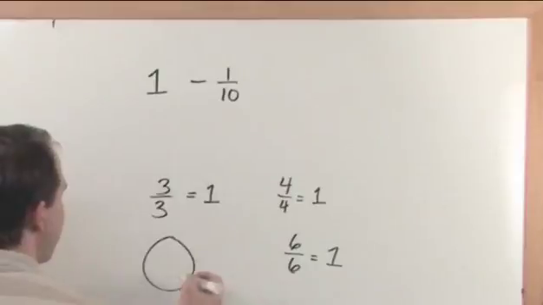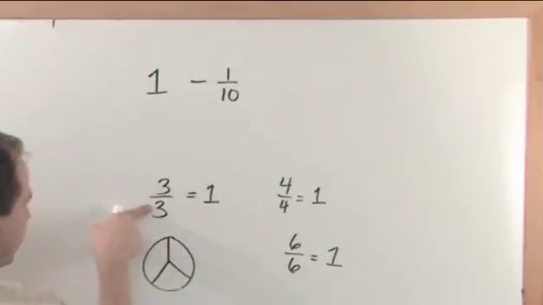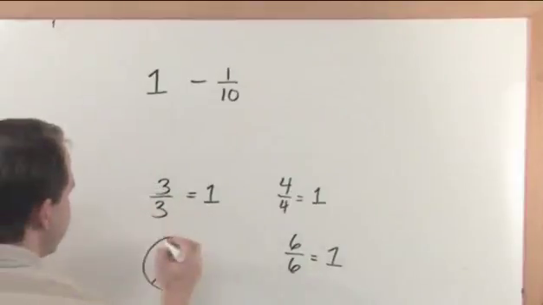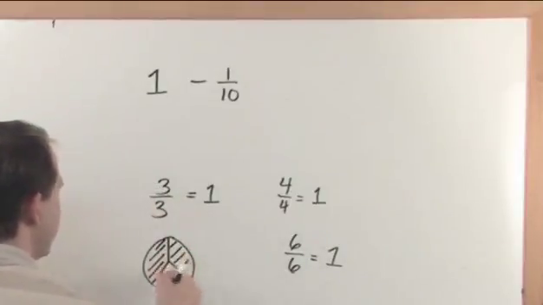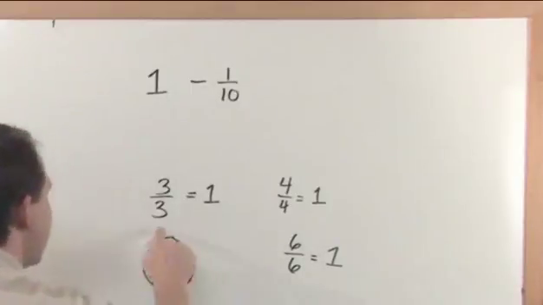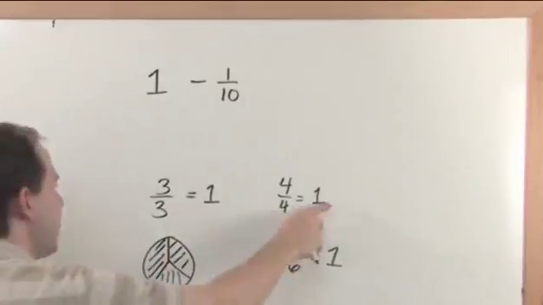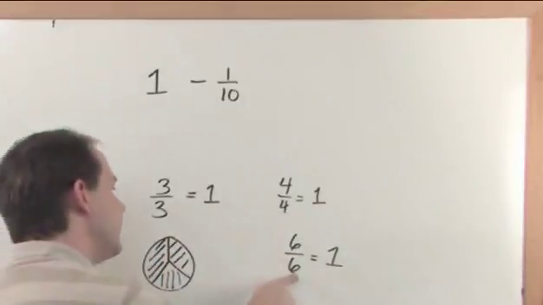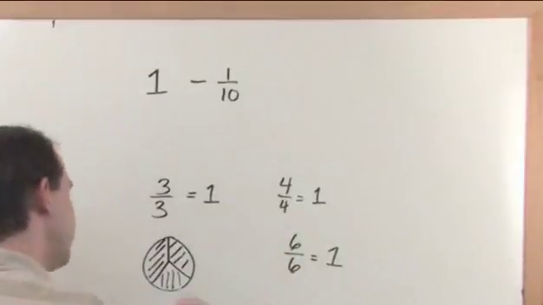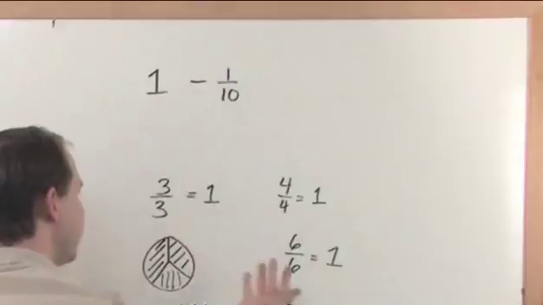If I have a pie and I divide it into 3 equal parts, which is what this bottom number says, and I take 3 pieces of that pie, 1, 2, 3 pieces, I have one whole pie. Okay? If I chop the pie into 4 pieces and I take all 4 of them, I've got one pie. If I chop the pie into 6 pieces and I take all 6 pieces, I've got one whole pie. So anything over itself is 1.